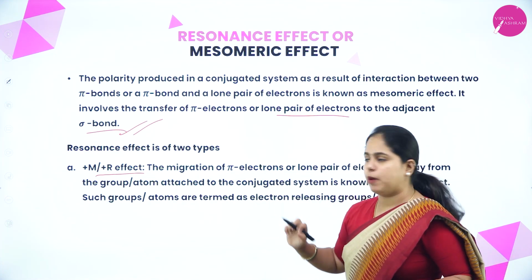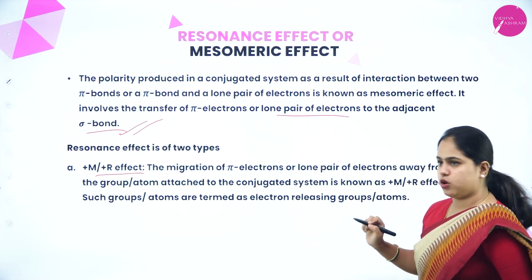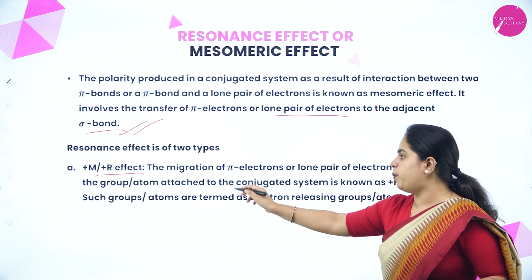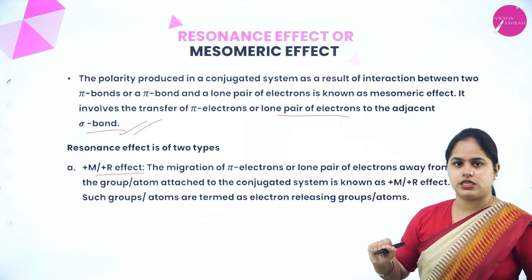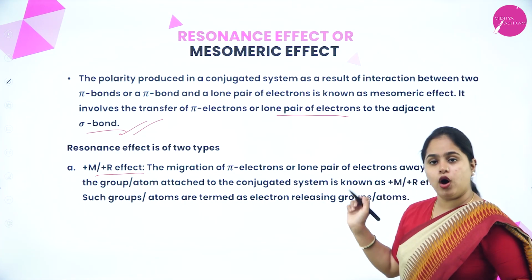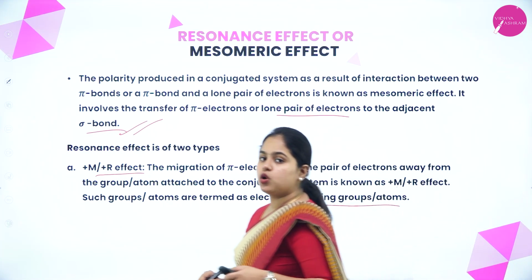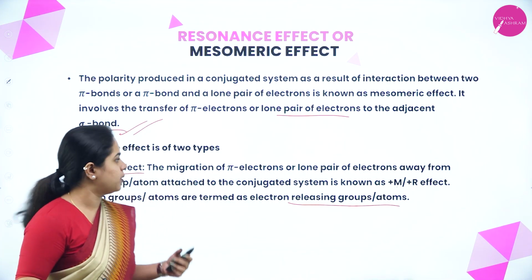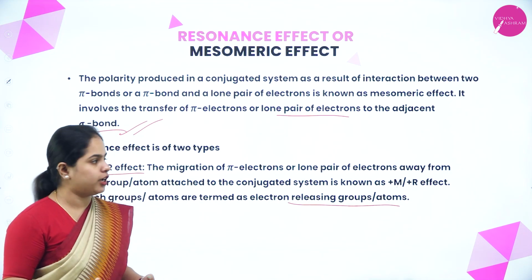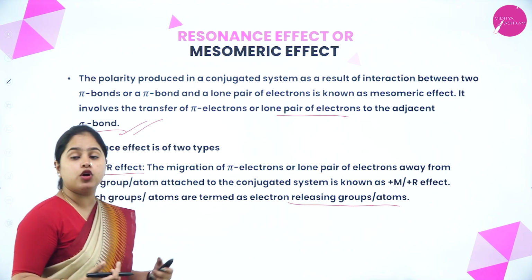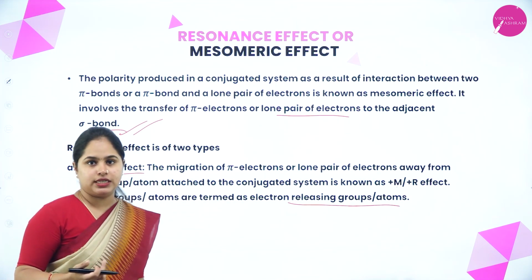So the migration of pi electrons or lone pairs of electrons away from the group or atom attached to the conjugated system is known as plus M or plus R effect. Such groups are termed electron releasing groups. So in plus R or plus M effect, the lone pairs or the pi electrons will be taken away from the group attached to the conjugated system.